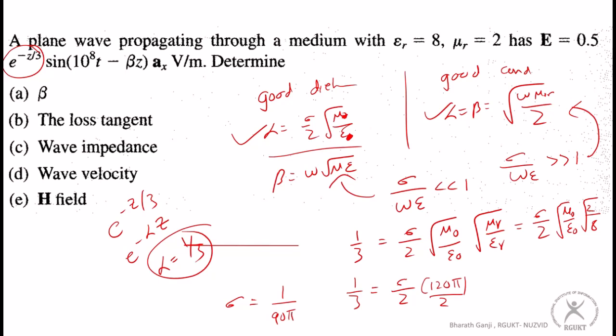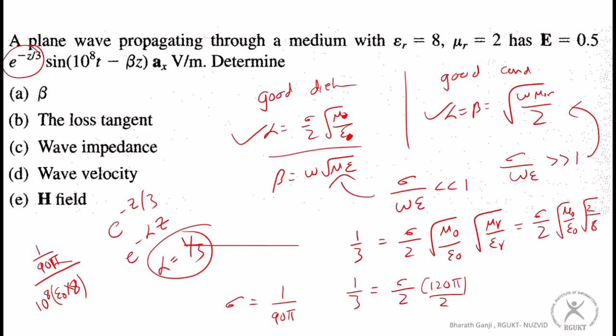I think it's a very small number, but we need to do sigma by omega epsilon here. So sigma is 1 by 90 pi, divided by omega, which is 10 to the power of 8, and epsilon, which is epsilon naught into epsilon r, which is 8. Okay. So we'll calculate this one.